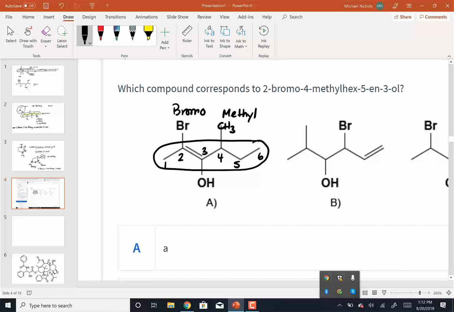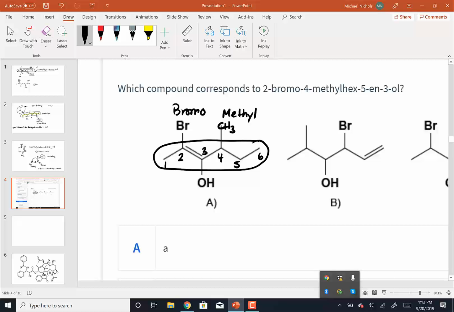Now the OH takes precedence over the double bond. In this case, you give the double bond a low number along with the OH, but if it was a battle between the two, OH wins. So it just so happens this one works out that way.